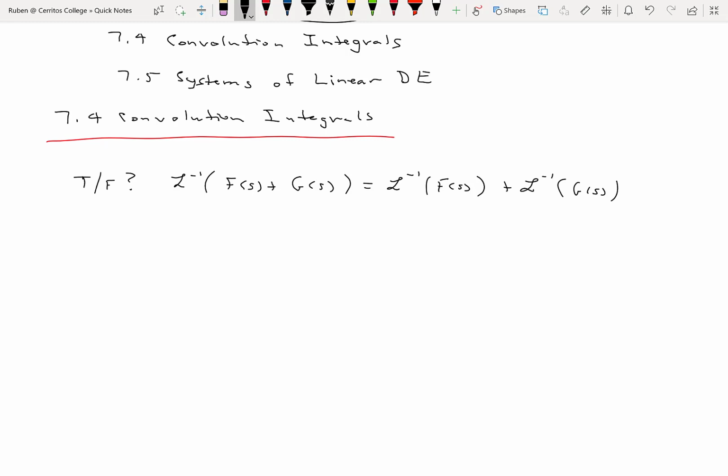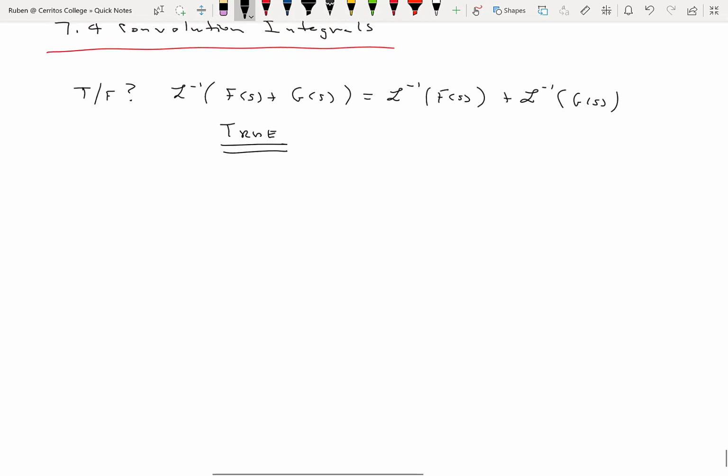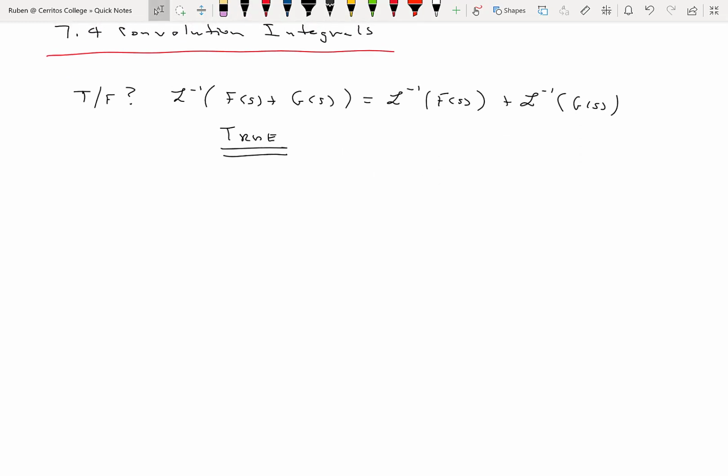And without hesitation, you should say, you're right, unless you said false. Yes, it's true. We've been using this to solve differential equations over and over again. So let's say that's part A.